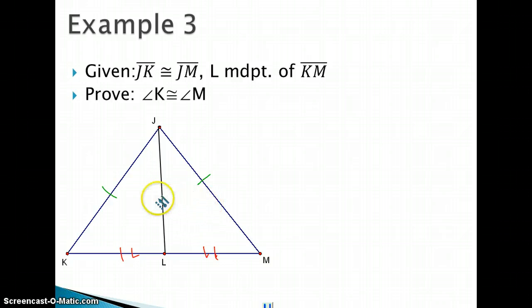And then from there I'm going to say that JL is congruent to itself by the reflexive property. I can prove the triangles are congruent by side, side, side then, and then from there angle K has got to be congruent to angle M. And that's how you're going to work auxiliary lines in a proof. If you don't have two triangles, get them. Draw in the segments that you need to, and your reason will be 2 points determine a line.